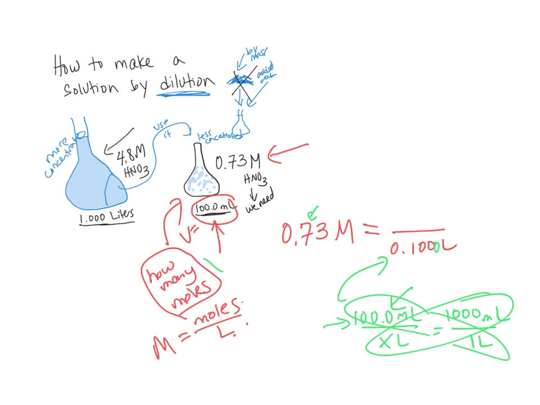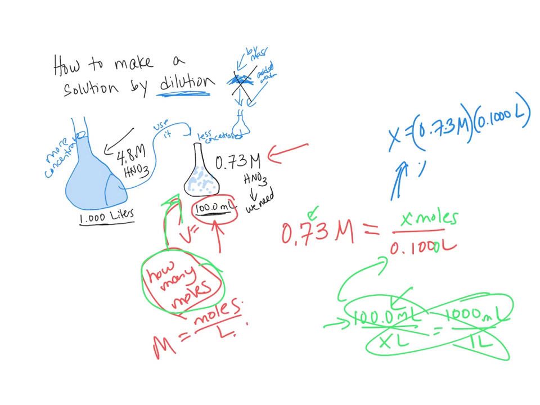So we need to know how many moles we need to have in this flask in order to finish making it. So X moles goes here. When we solve for X, it is going to be equal to 0.73 molar times 0.1000 liters. So X is equal to 0.073, and let's think about what our units would be.